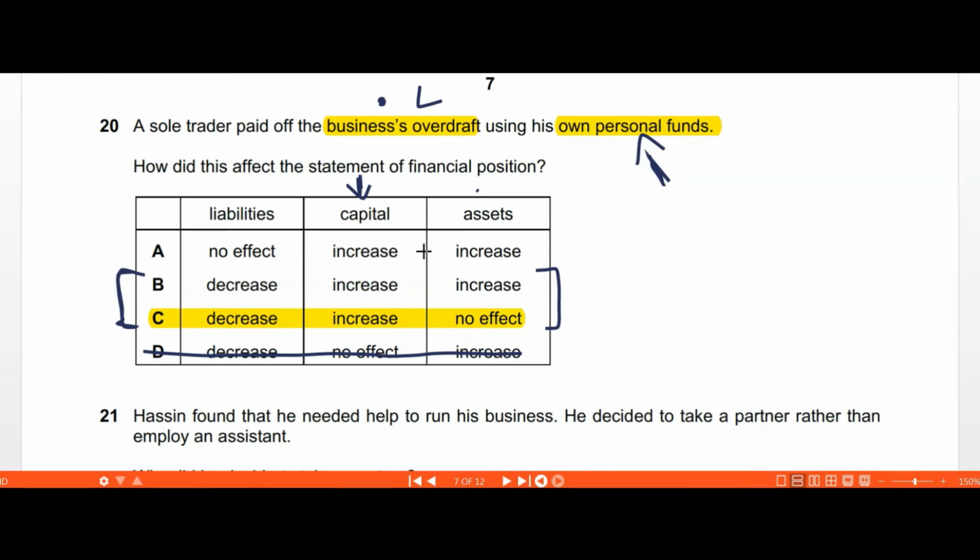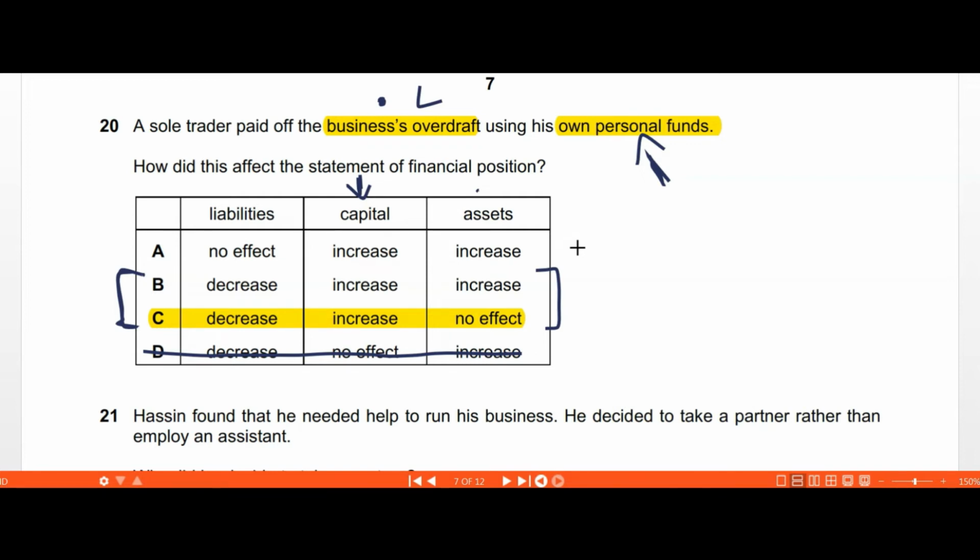Now there are many questions of this sort where you have to choose between different options, and there were three categories that we were looking at over here: liabilities, capital and assets. This strategy of cutting down on your options sometimes really helps you out, because sometimes there might not be a need to go and look at the third category.